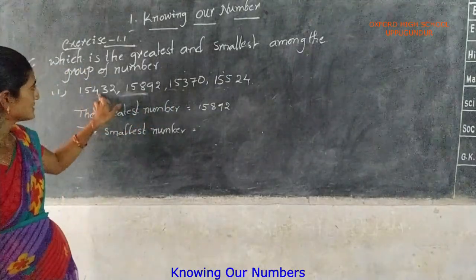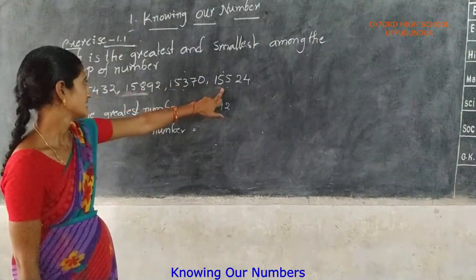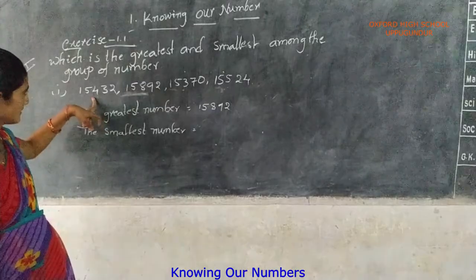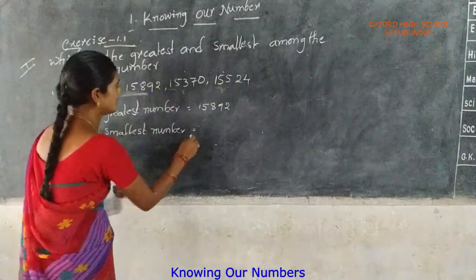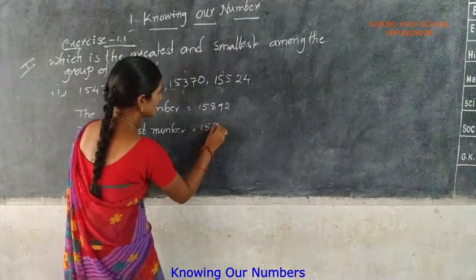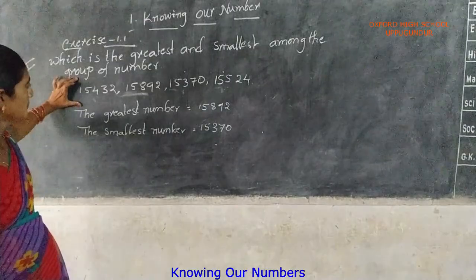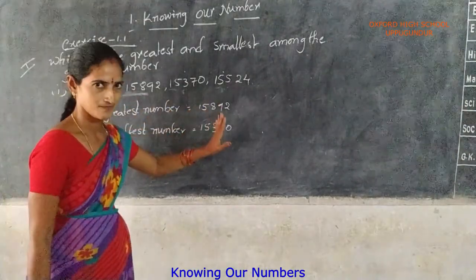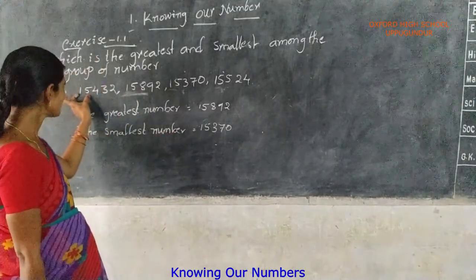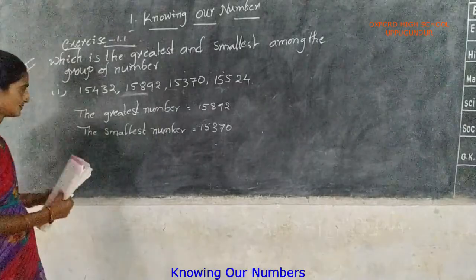Check which is the smallest: 8 is greatest, then 5, then 4, and the least is 3, so the smallest is 15,370. First we have to find how many digits the number has, then check place values, that means greatest and smallest.